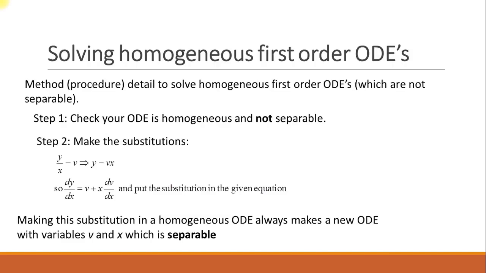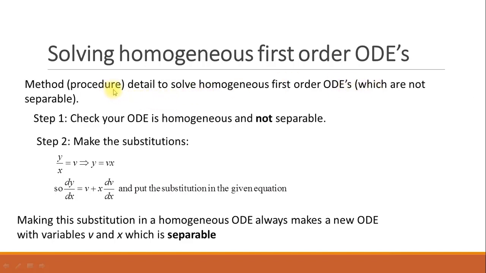If a differential equation is homogeneous and not separable, then how to solve it? Here I am going to tell you the detailed method to solve a homogeneous first order differential equation which is not separable.